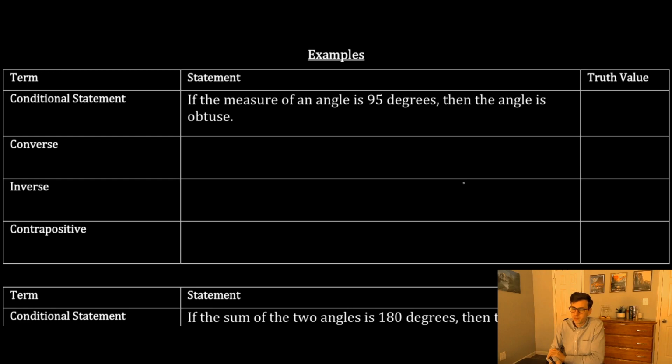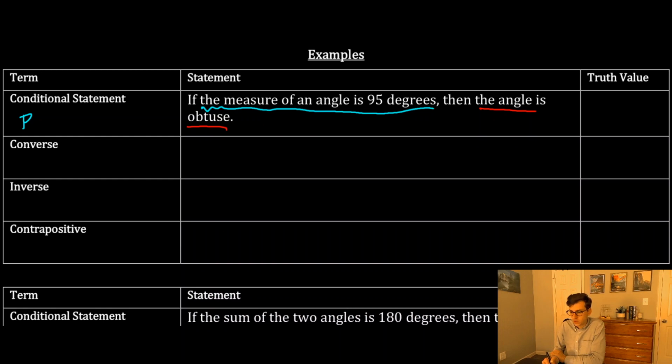Now, here's our statement. If the measure is 95 degrees, then the angle is obtuse. So my hypothesis would be that the measure of an angle is 95 degrees. That's my hypothesis, which generally we write as P. And my conclusion is that the angle is obtuse.